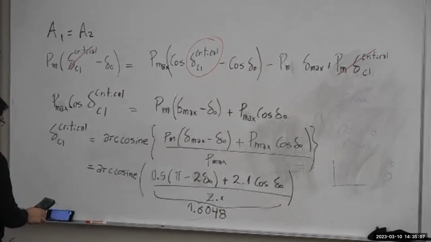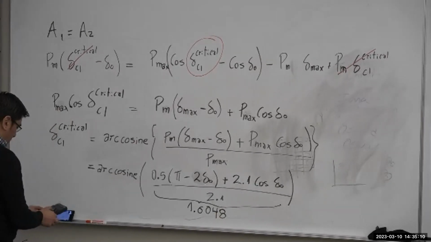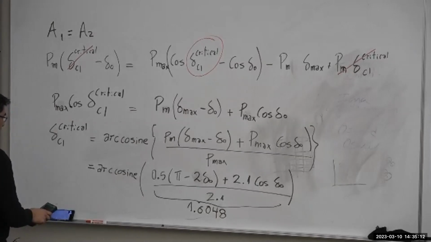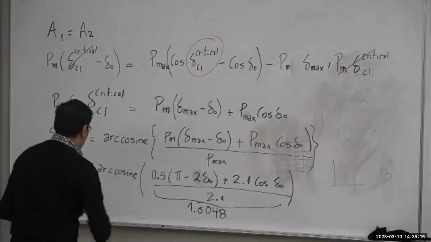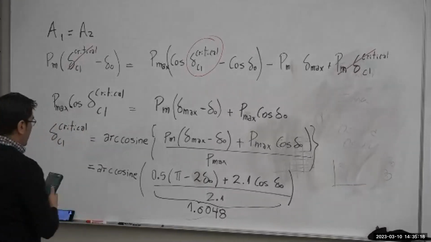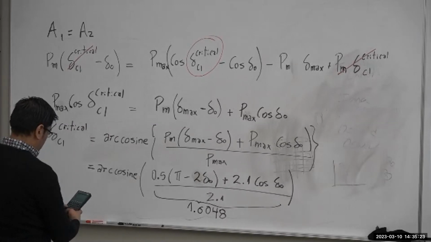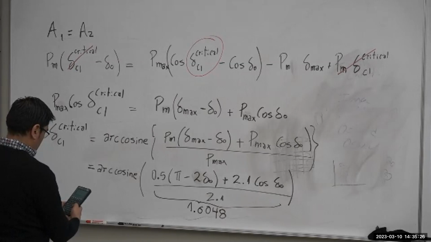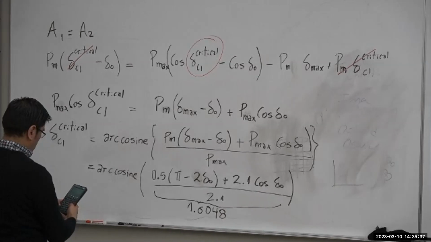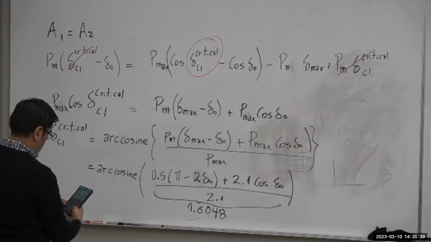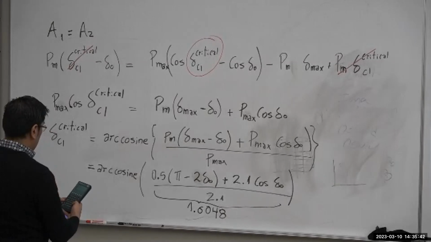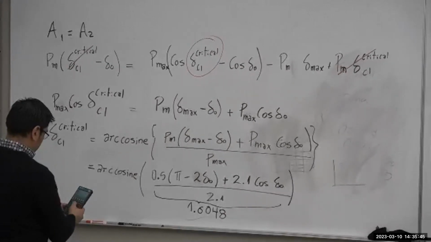And the arc cosine of this, oops, that's not right. It needs to be less. Let me do it again. 0.5 pi and pi minus 2 times 0.2404, pi minus that, half.